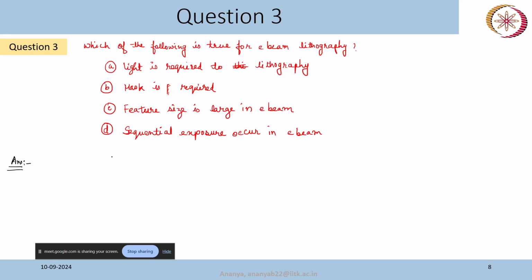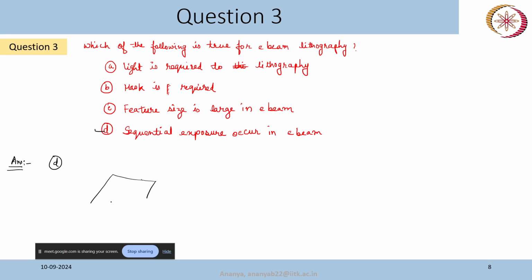So what is the correct option? Sequential exposure occurs in case of e-beam. Okay. Option D. As I mentioned earlier, sequential exposure or bulk exposure. What is the difference? In case of e-beam lithography, it is sequential exposure.